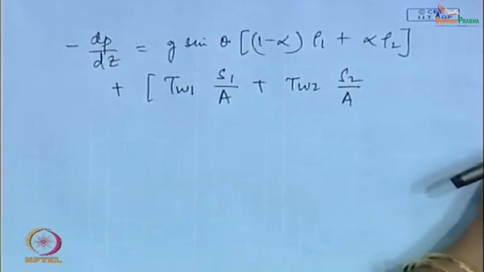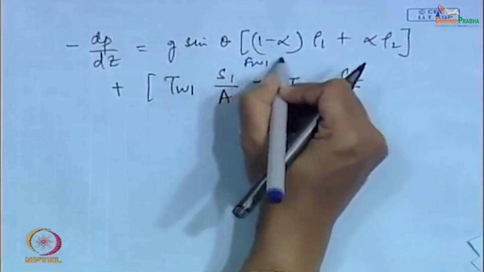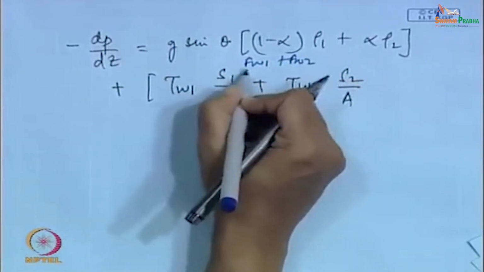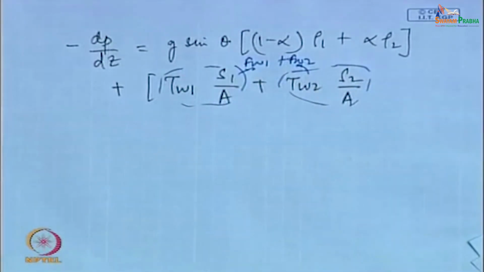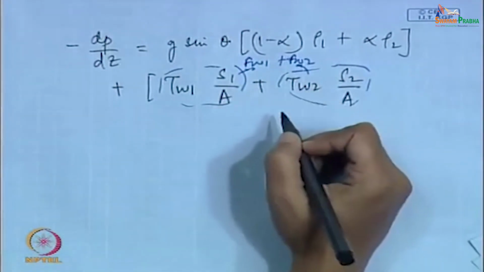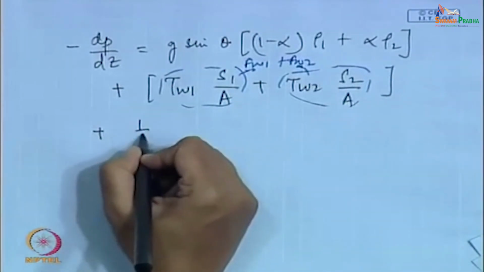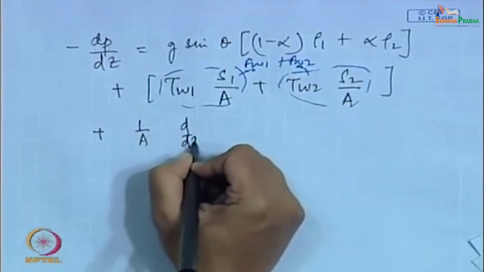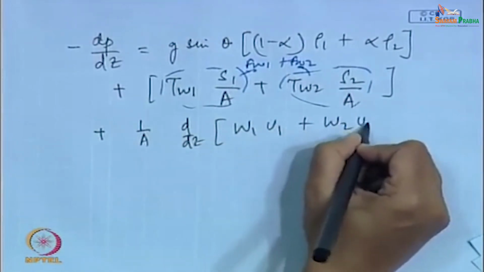We can also write it down as Fw1 plus Fw2, where Fw1, Fw2 denote the interaction of phase 1 and phase 2 with the wall, plus 1 by A d/dz of (W1 U1 plus W2 U2).